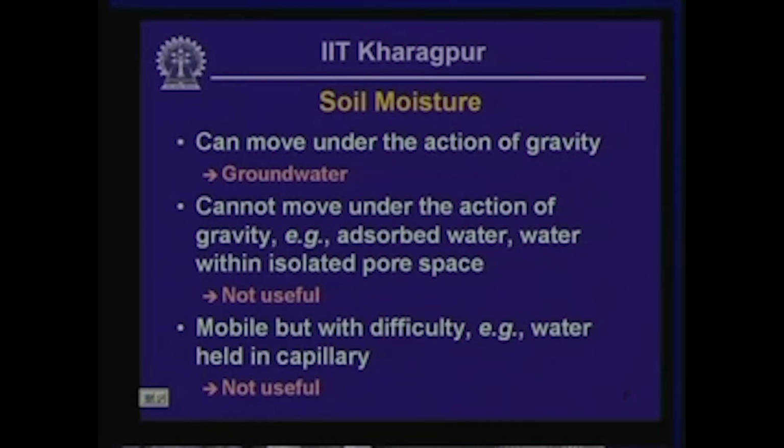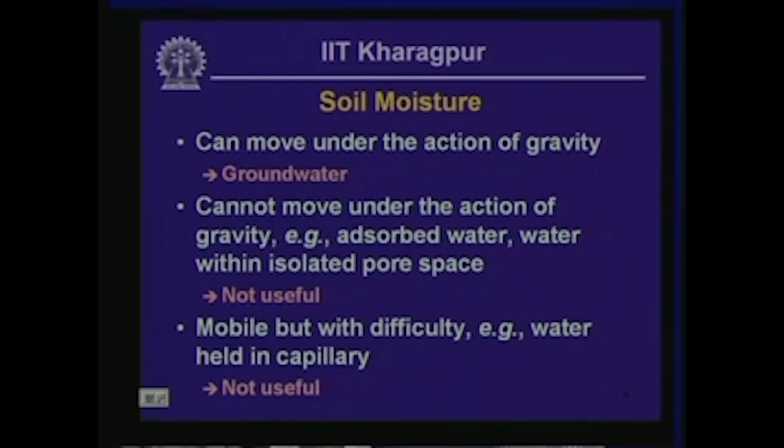There is another portion of soil moisture which is relatively mobile, but it can be extracted with great difficulty, and this is the water that is held within very fine interconnected pore space, which is like a capillary tube of very fine diameter, and because of the capillary tension involved in this particular case, it takes a lot of effort to tap this portion of groundwater, and this portion of soil moisture is also therefore not very useful.